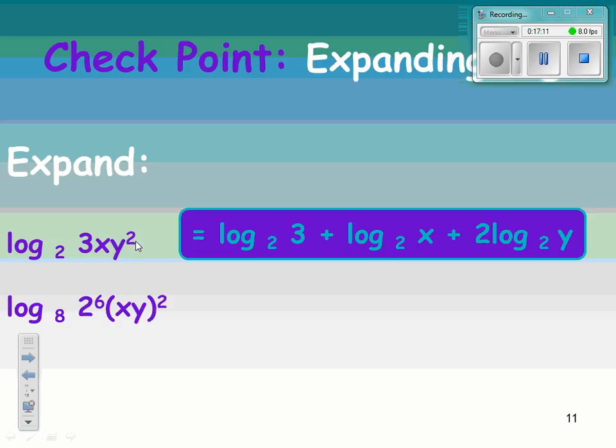So I have to take that squared, bring it down in front of the log, so then it's going to be 2 log base 2 of y. But now look, that 2 only went to the y. So that's why the y is the only one that's got the 2 in the front.